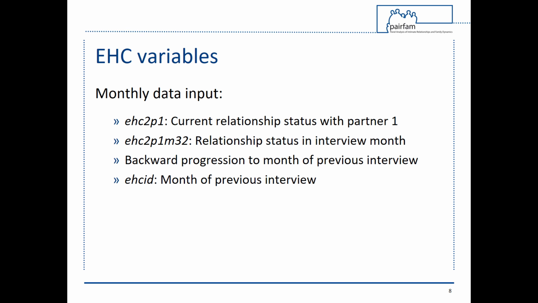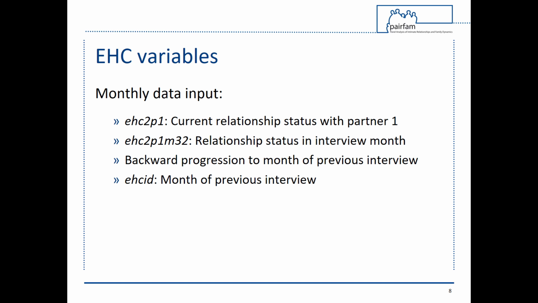How is the data from the EHC stored? Monthly variables are created for each type of episode. In the case of partnerships, this includes partnership, cohabitation, and marital episodes. The variable EHC2P1, for example, stores the current relationship status with partner 1 at the time of the interview.